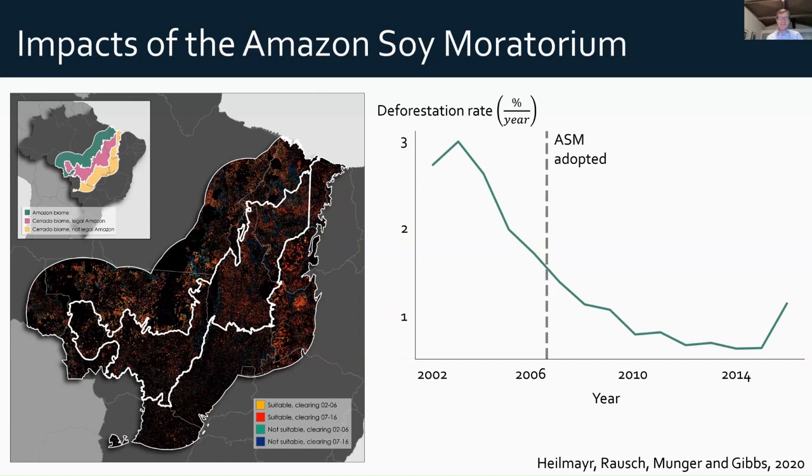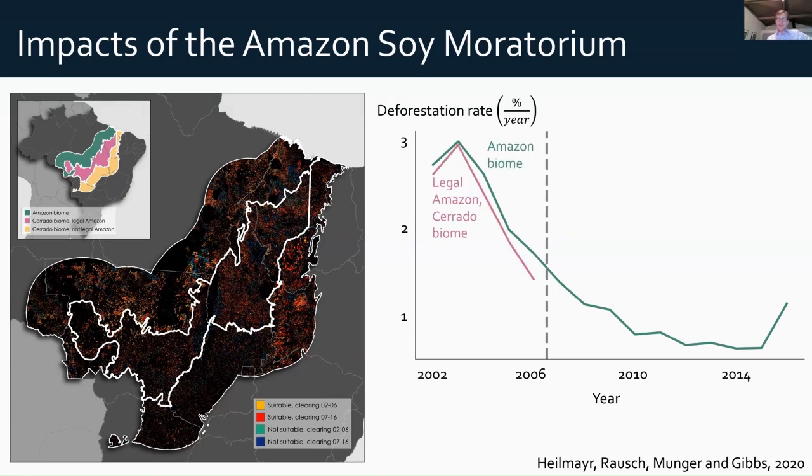The massive decline in deforestation might give you cause for optimism that the soy moratorium was effective, but the fact that it started 5 years before the Amazon soy moratorium was adopted, or 3 years before, what does that actually tell us? Is it actually the result of the soy moratorium? What I need is some counterfactual to understand what would have happened without the soy moratorium.